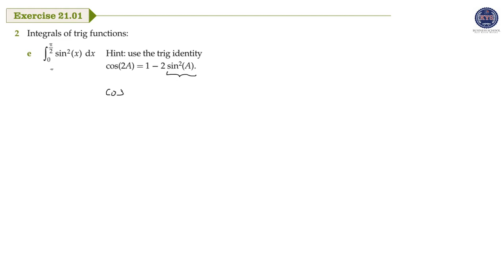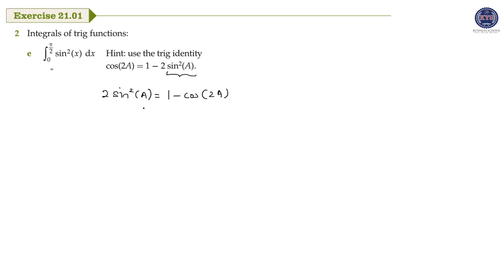Right, so move everything to the left hand side. Sorry, you need to play around with this identity. Okay, I want to put this sin squared a as the subject. So I have sin squared a equal to 1 minus cos 2a.